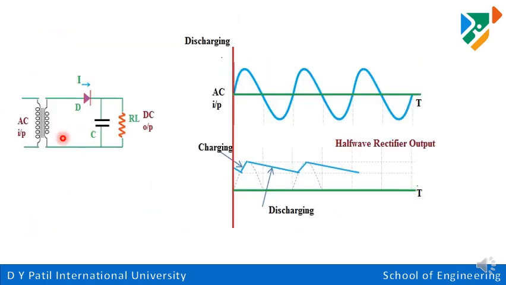Now how does it work? Whenever AC voltage is applied to the circuit, throughout the positive cycle the diode lets current flow through it. As we know, the capacitor offers high resistance to the DC component and low resistance to the AC component; or we can say, it blocks the DC and bypasses the AC signal.